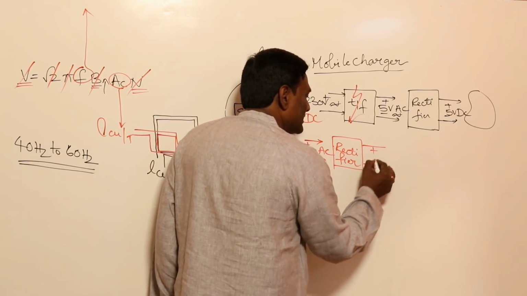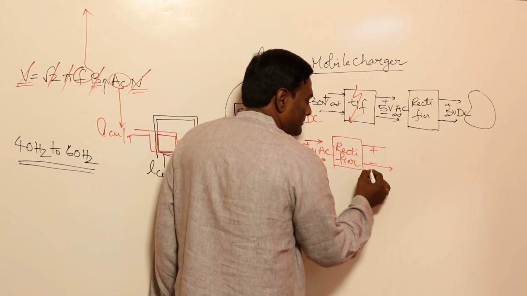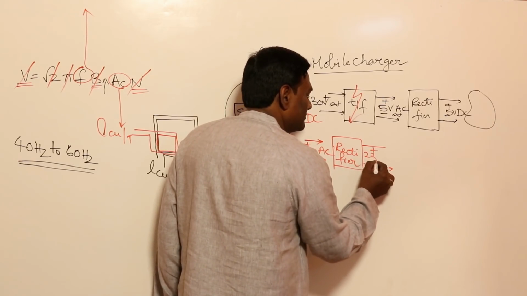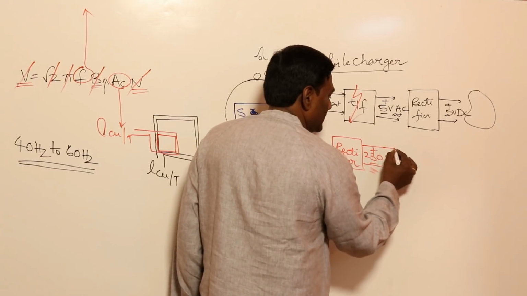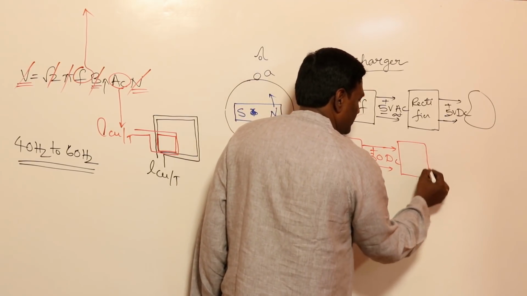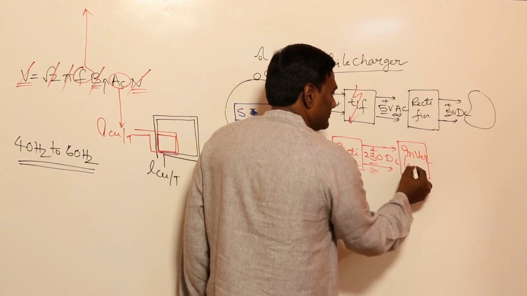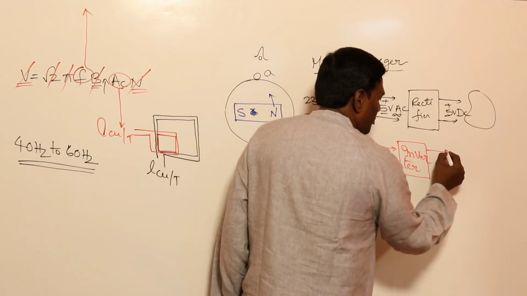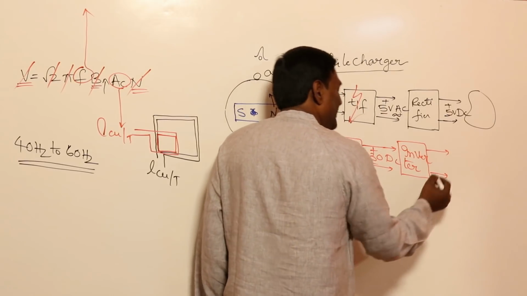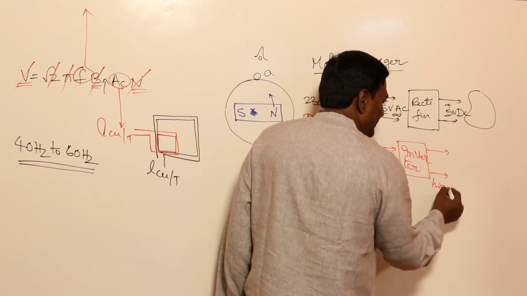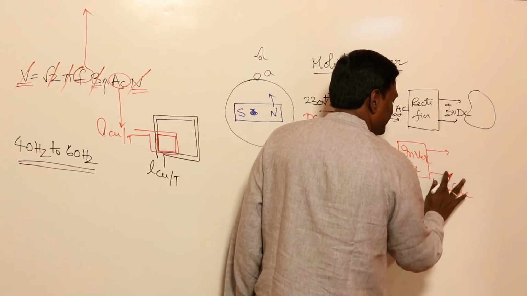I will tell you the advantage directly, just wait. It will be high voltage DC, roughly 230 volts DC, and this we give to an inverter. The inverter output is going to be very high frequency AC.